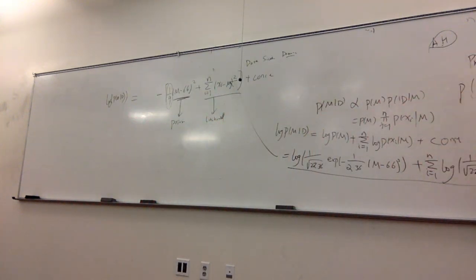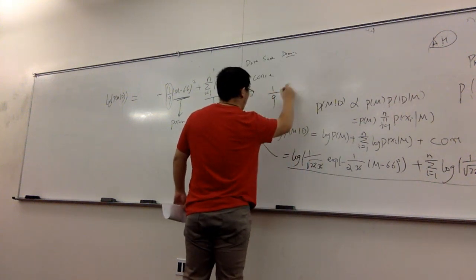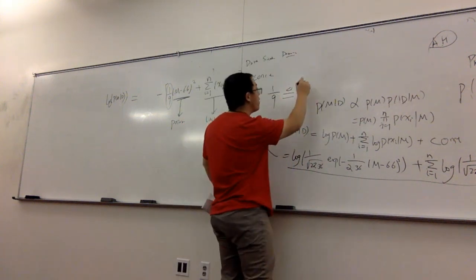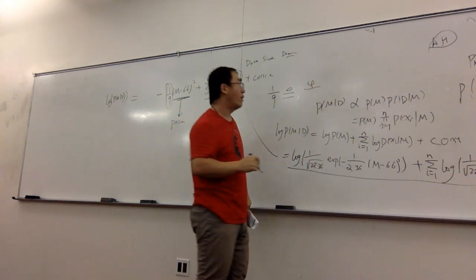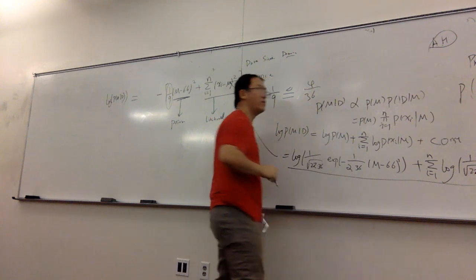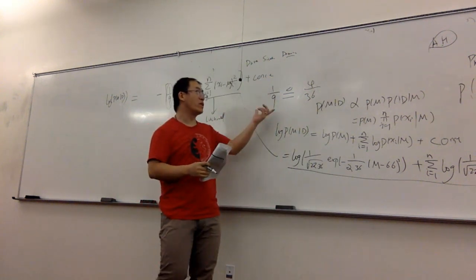Remember, the variance for the prior is 36, and the variance for the likelihood is 4. So how can we obtain 1/9? It comes from the variance of the likelihood divided by the variance of the prior. So this is the weight of the prior.